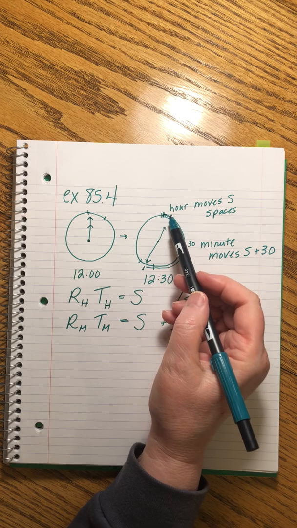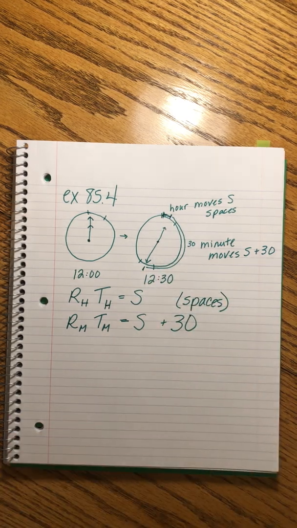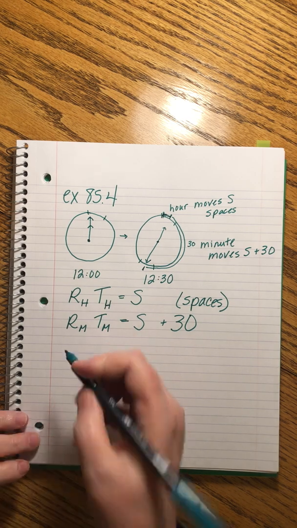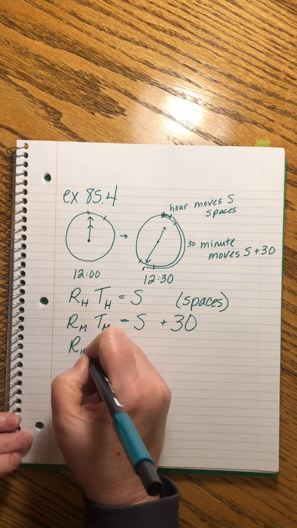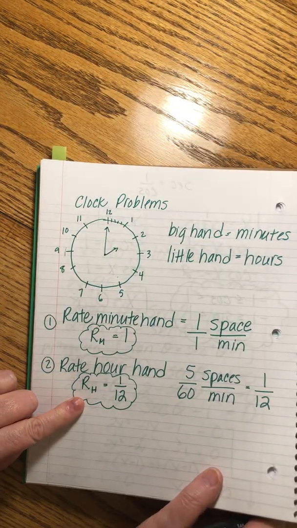It has to move that same little chunk and then 30 more so that they'll be directly opposite each other. All right? The rate of the hour hand, we already figured out. The hour hand is 1/12.